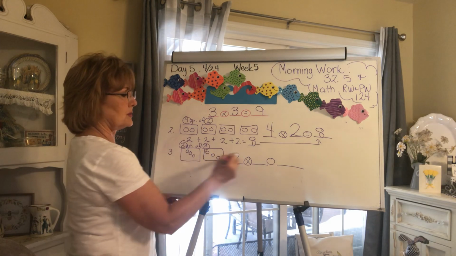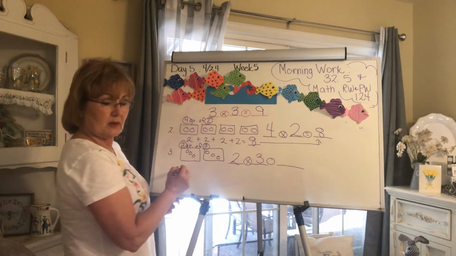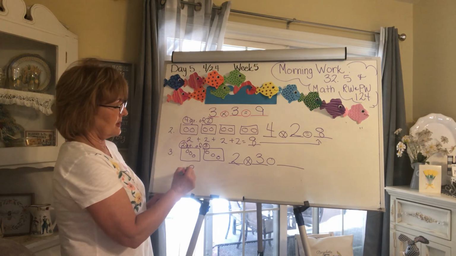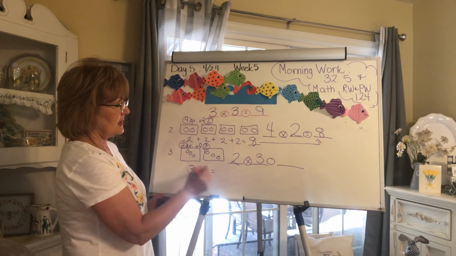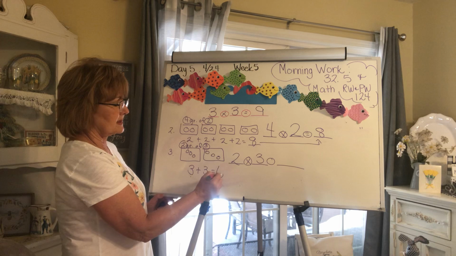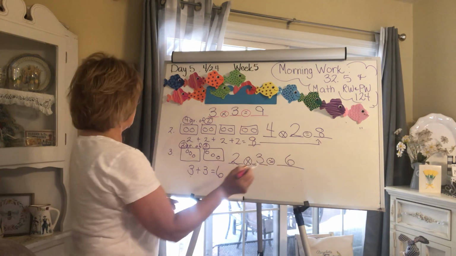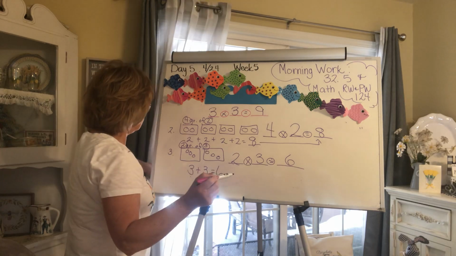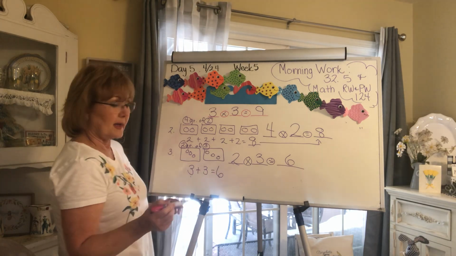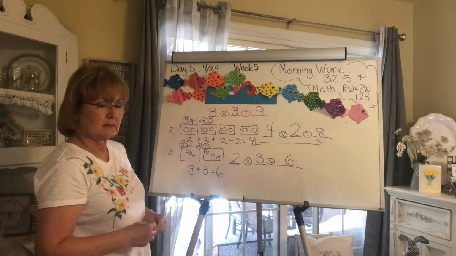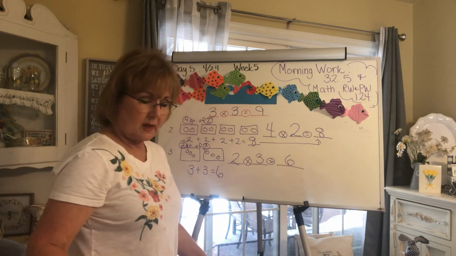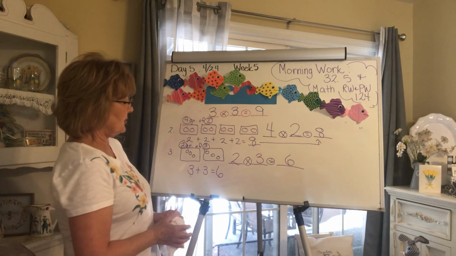How many in each group? 3. Whoops, we forgot to do the 3 plus the 3, right? 3 plus 3 is 6. 2 times 3 equals 6. Oopsie. Right? Good. All right, and that was number 3.